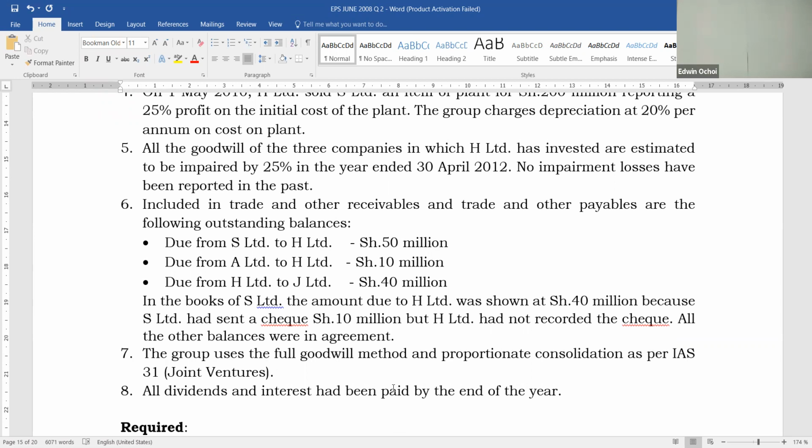When you cancel out an outstanding amount, you have to adjust your receivables account and the payable, whereby I would subtract 40 under receivable and under payable. That is the first thing you have to do. To cancel out the 40, you minus under the receivables and under the payables. When I minus under the receivables, I have credited. When I minus under the payables, I have debited. I have cancelled out that outstanding amount.